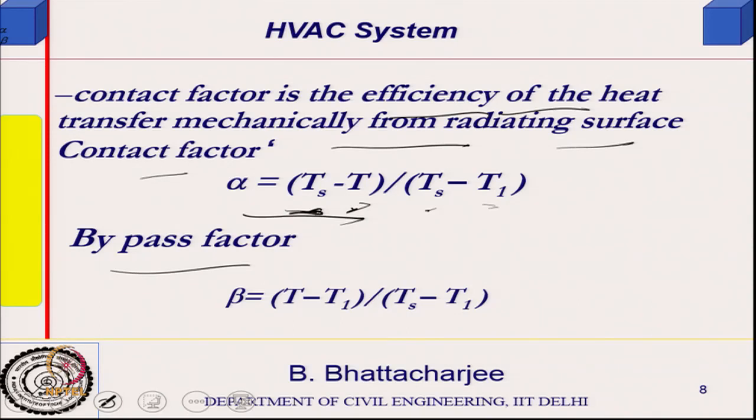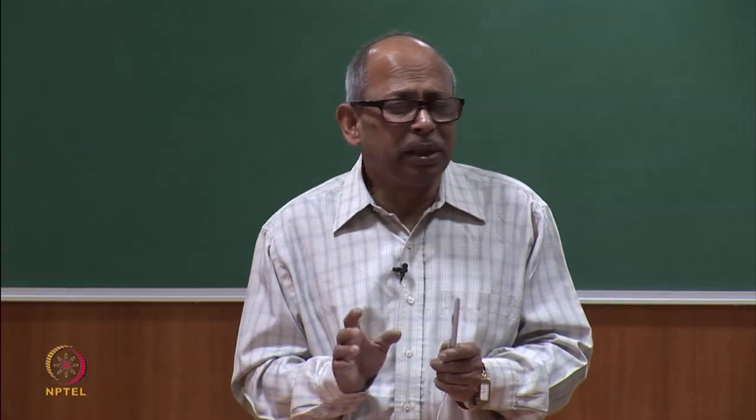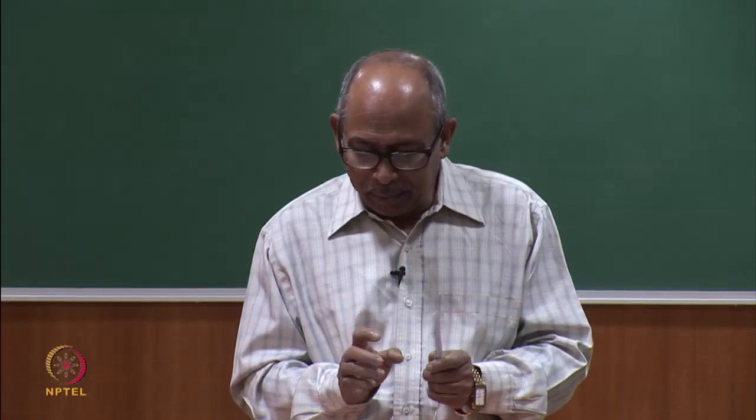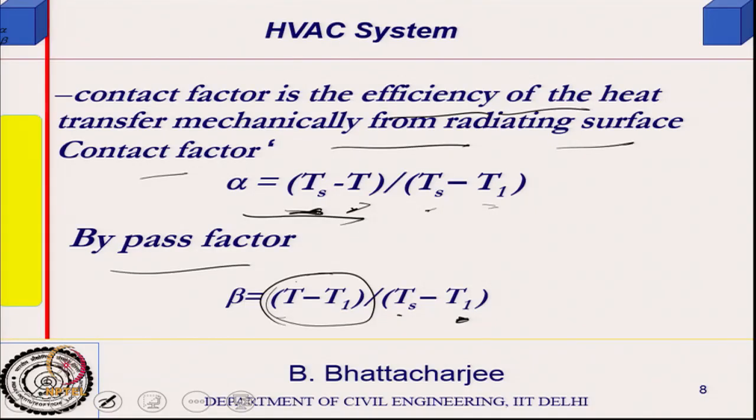Because this is the bypass factor, this is the amount that is bypassing. That means this is not available to me. What I am getting is, yeah, this is right. So, T is the room temperature.